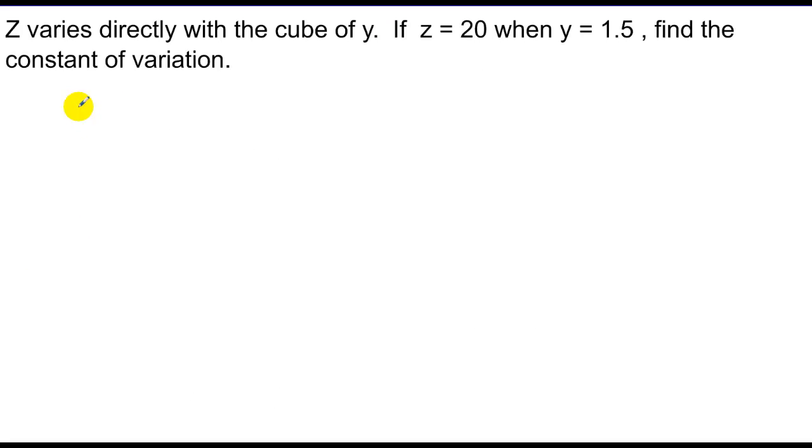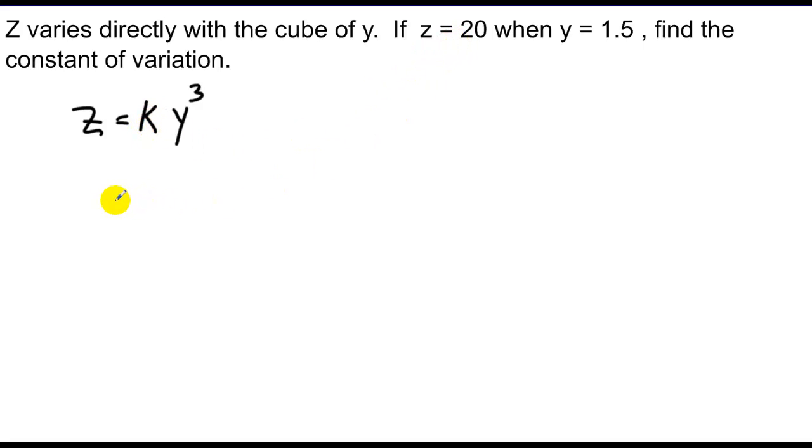It says z varies directly with the cube of y. So if I wanted to take and write the equation of that, I'd say z, and I need a direct variation, so that's k times that next term, and this next term is the cube of y, so I say y cubed. And we want to find the constant of variation, so that's k in this case.